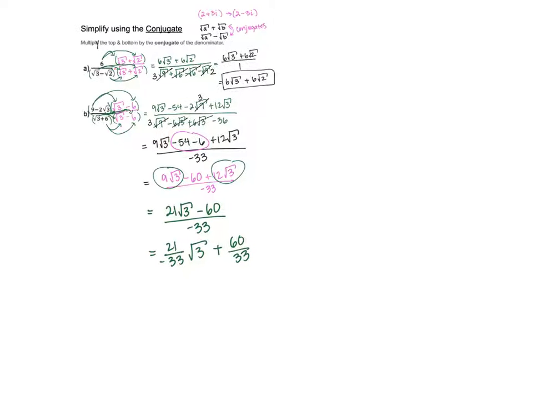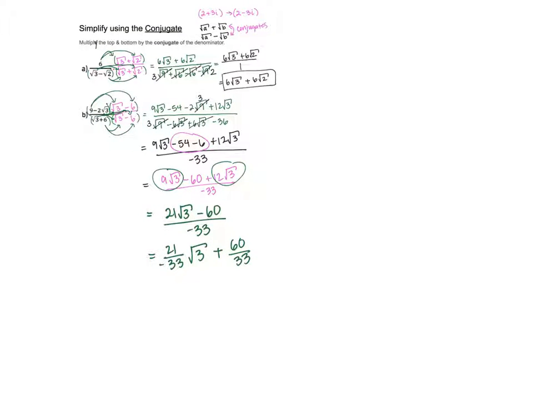And so what I'm going to do next is find some common factors. So what divides into 21 and 33? Now, some of you might say 3. So 3 can go into 21 7 times. 3 can go into 33 11 times. 3 can also go into 60 20 times.